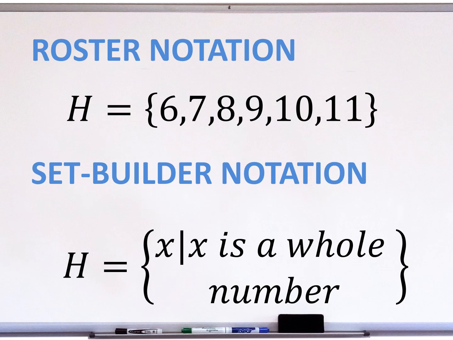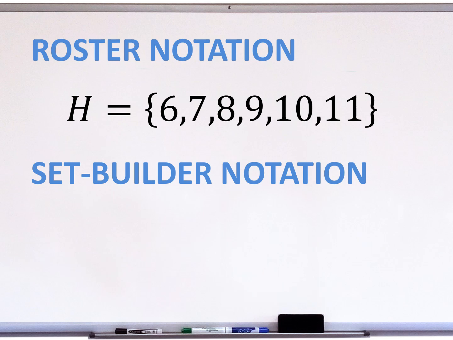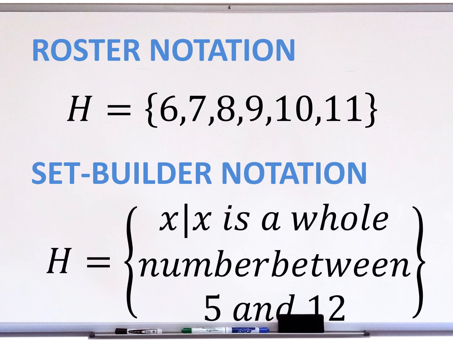And so, the correct conversion of set H from roster notation to set builder notation is: H is the set of x such that x is a whole number between 5 and 12. So as you can see, there is a restriction in the given set, and that is how we are going to express a specific set from roster notation going to set builder notation.